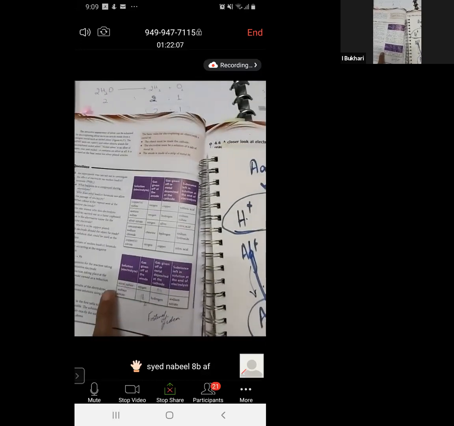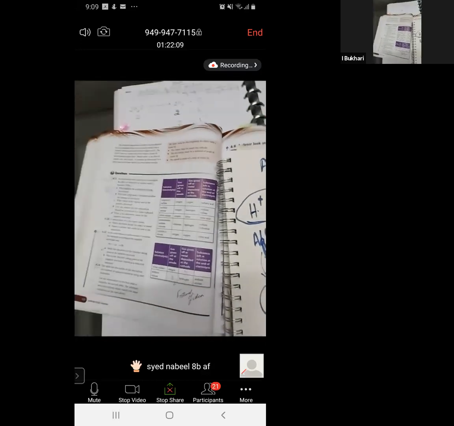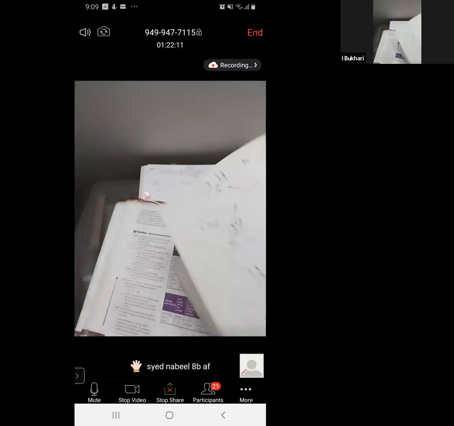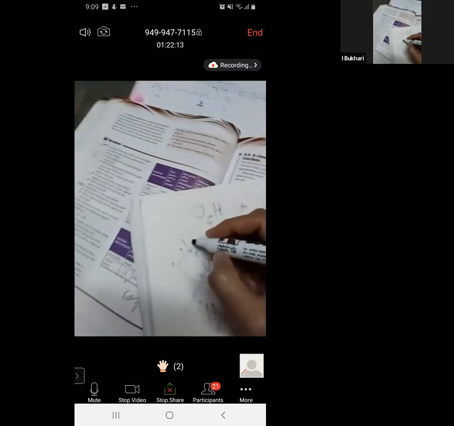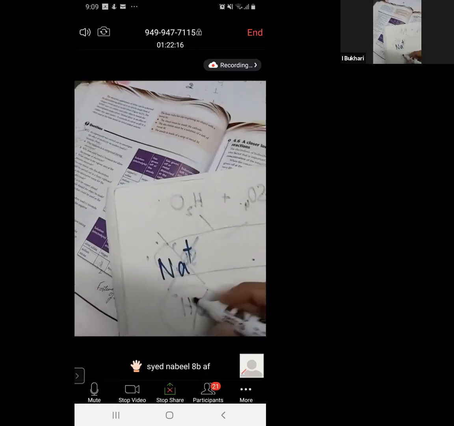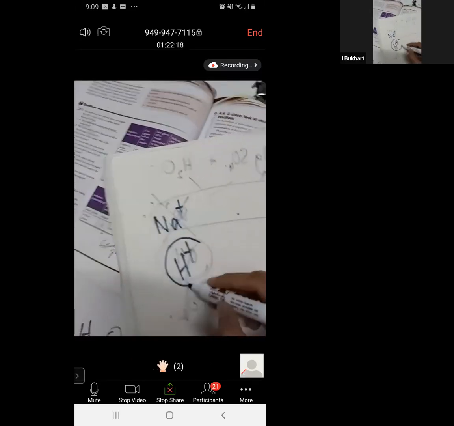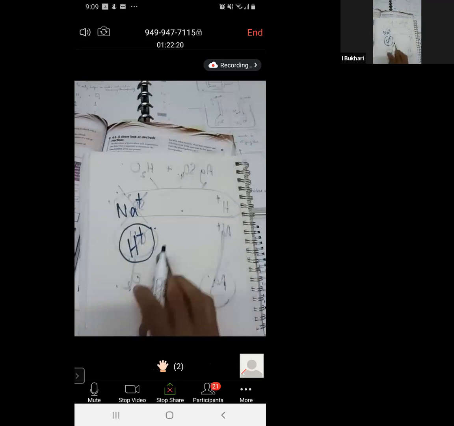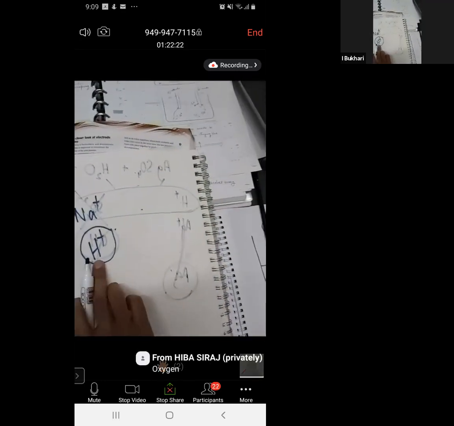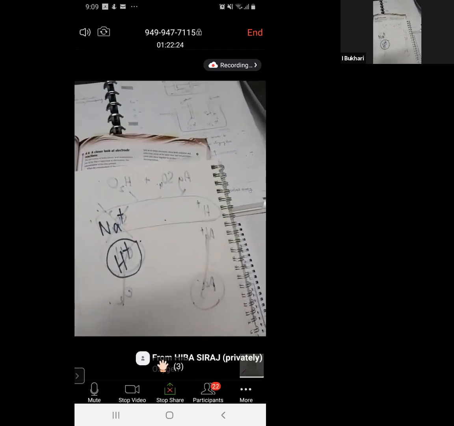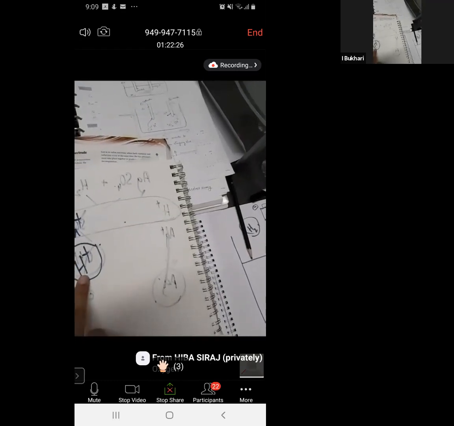Here, sodium nitrate. What do I have in sodium nitrate? Easy. Again the bossy sodium came, so hydrogen will be released at the cathode.